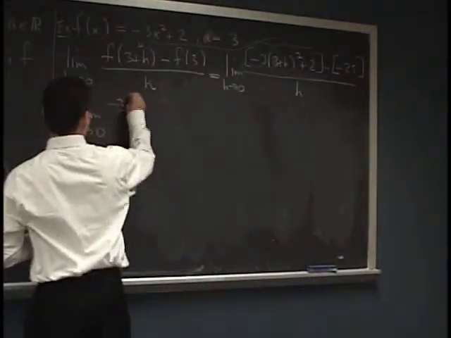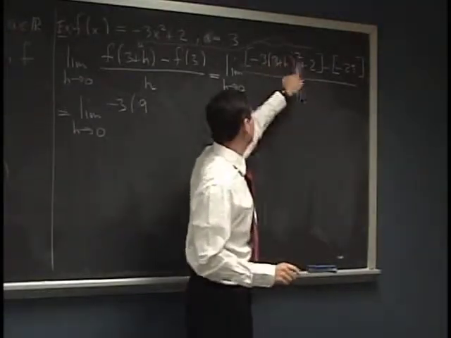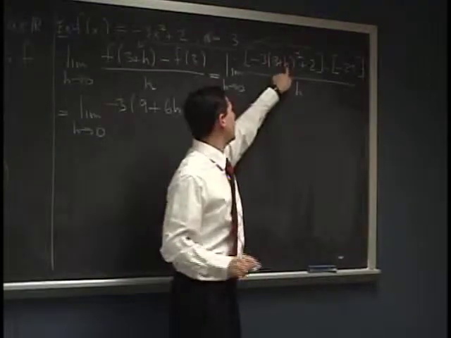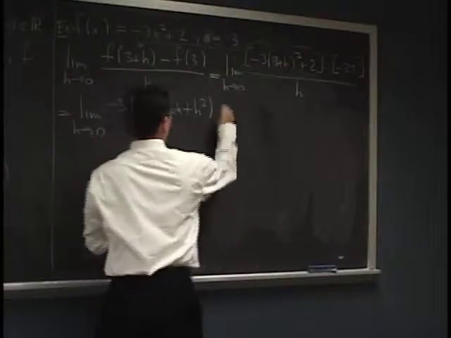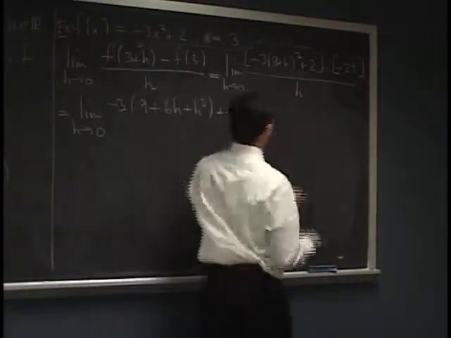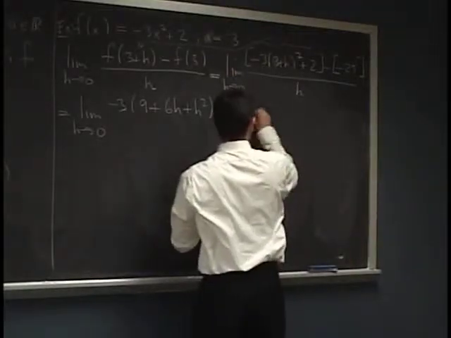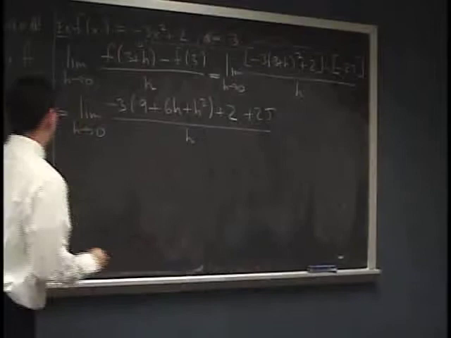I'll just keep the minus 3 out here. So 9, and then plus 2 times 3 times h, that's 6h, plus h squared. And then we add 2. And then this is going to be minus negative 25, which is plus 25. And we divide by h.